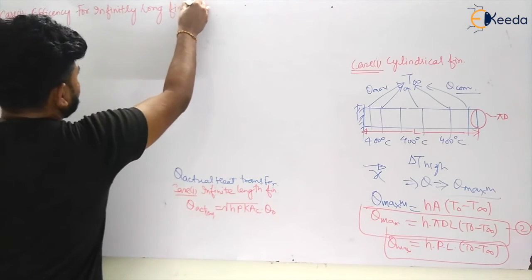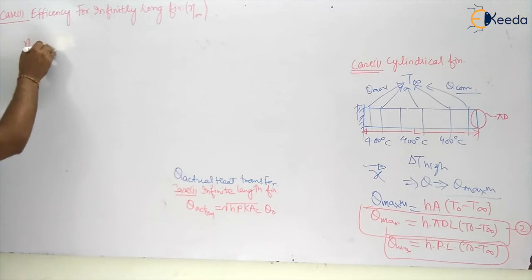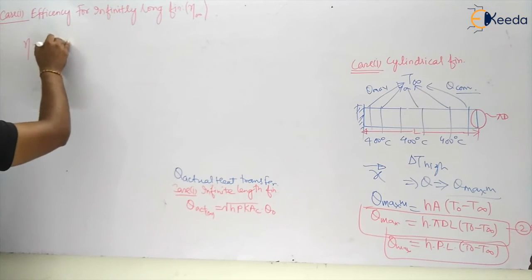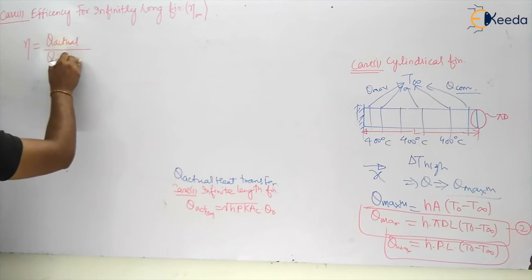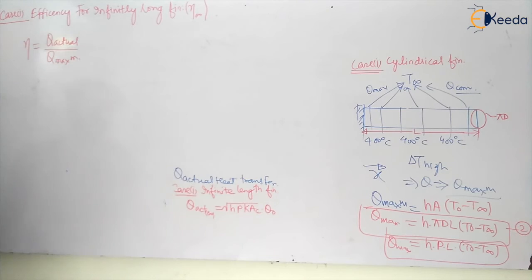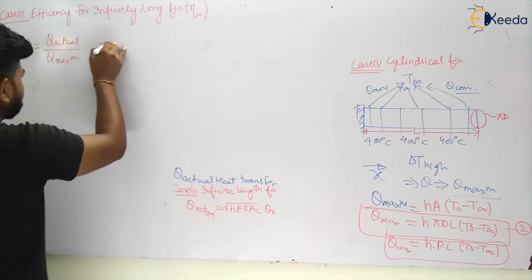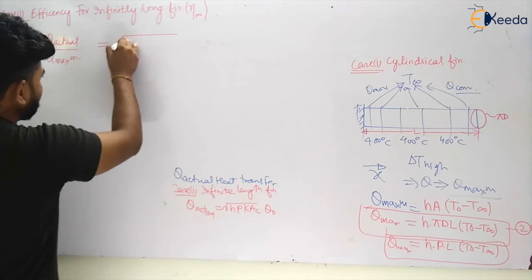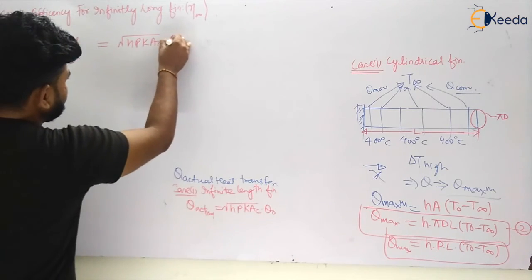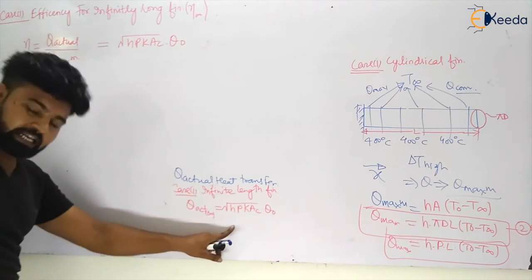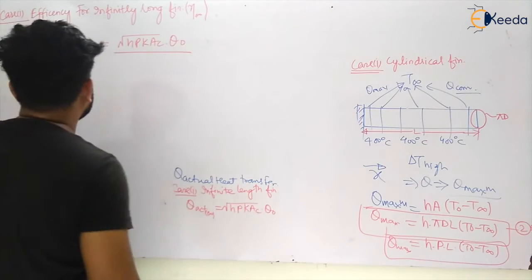The efficiency can be given by the ratio of Q actual, the actual heat transfer, to the maximum heat transfer, my dear students. So we have seen both cases. The actual heat transfer in this case, for the infinitely long fin, will be given by the square root of hP kAc multiplied by theta naught, divided by the Q maximum.